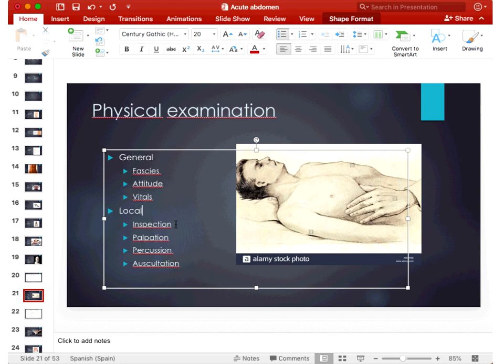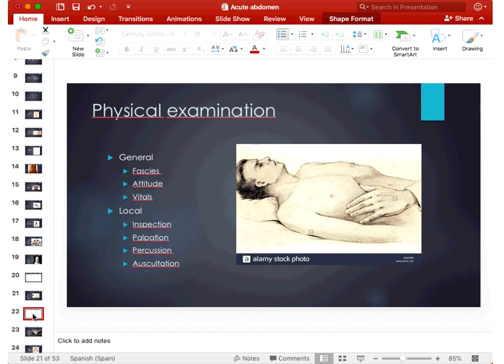You have to look if it's distended, if when you touch the abdomen, does it hurt? Where does it hurt? Does it have hyperesthesia or hyperalgesia? And does it sound like a balloon when you do percussion? And of course the auscultation.